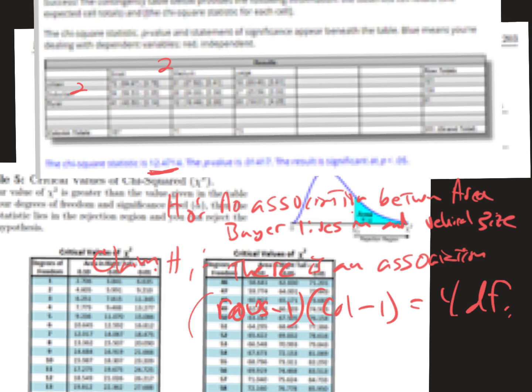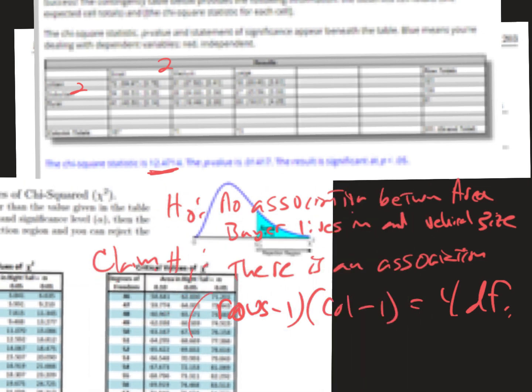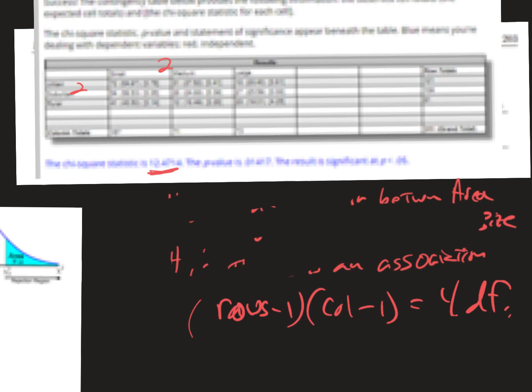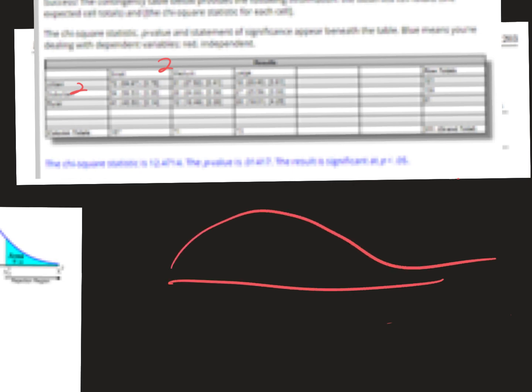So let's see here. What do I want to do? I guess I'm going to do some erasing. So what we're looking at is here's our chi-square distribution.